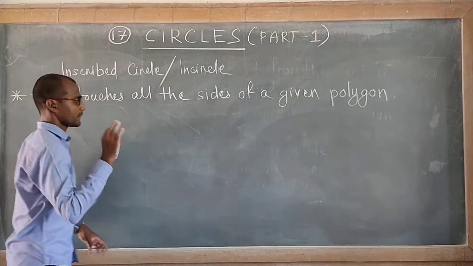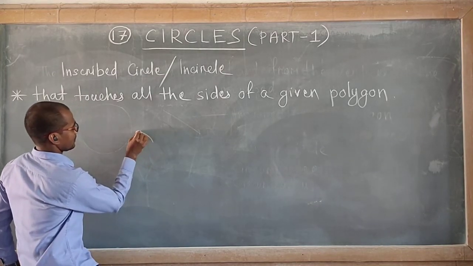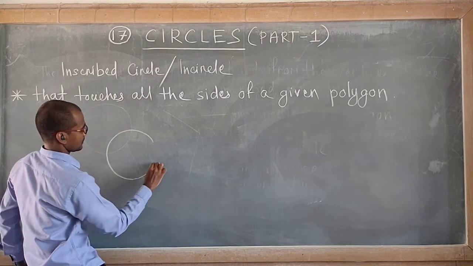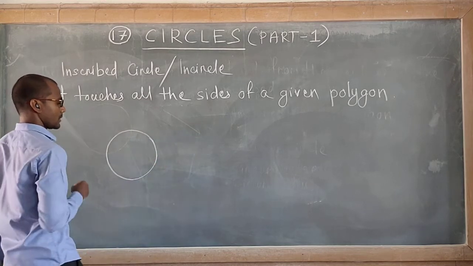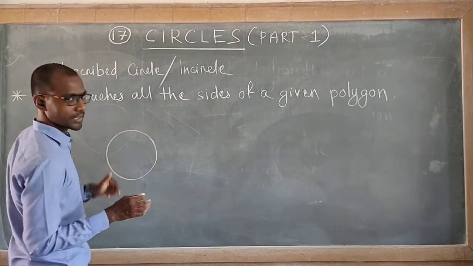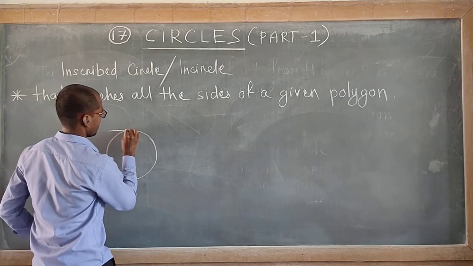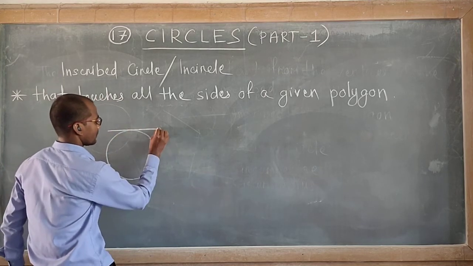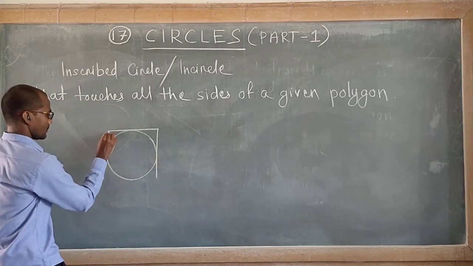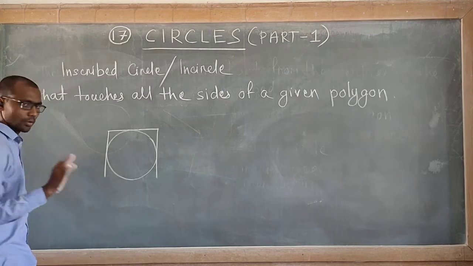So first let us draw a circle. Now we will draw a polygon which will be touching the circumference of the circle. This time I am drawing a quadrilateral. Last time I had drawn a pentagon.